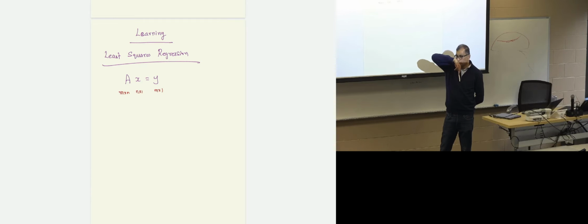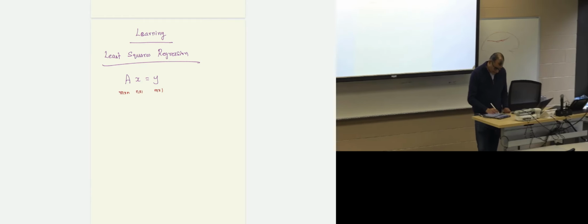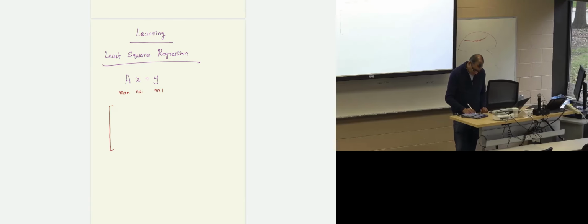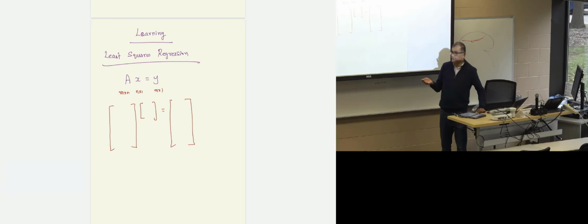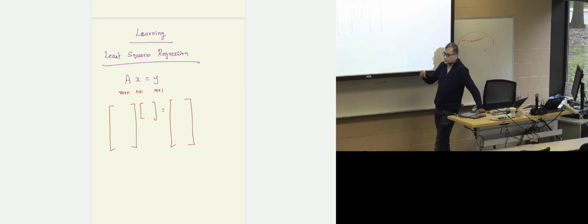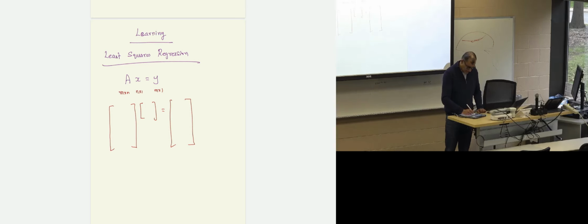More rows, right? So it basically looks something like this. One application of least squares regression, of course, is this is your data. These are your model parameters, and this is your state matrix or something, whatever.